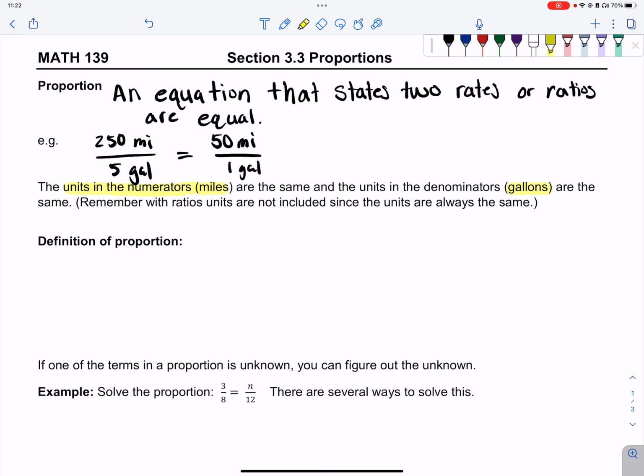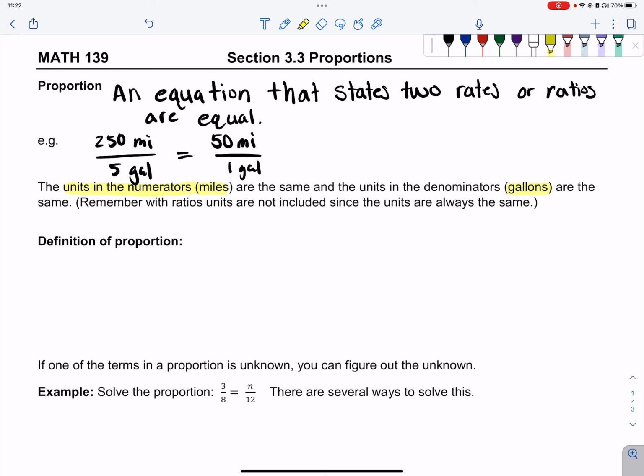I am saying that this rate here of miles over gallons is equal to the other rate, so my units have to be consistent. They have to be miles per gallon. Our conversions, we're multiplying to cancel things out, so with those they have to be flipped, but with proportions they have to be the same on both sides.